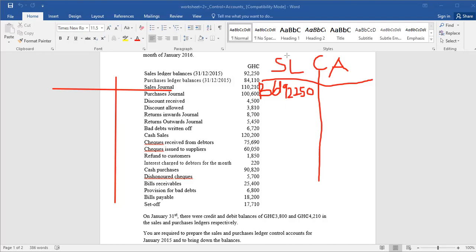This vanishing pen, when I write it goes back.